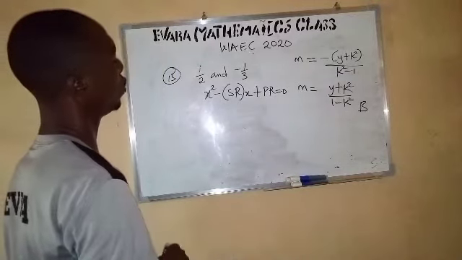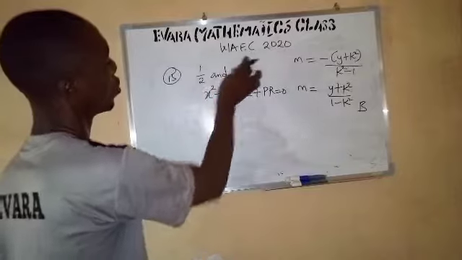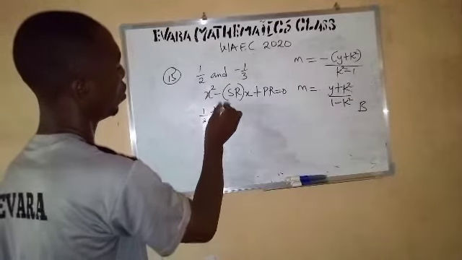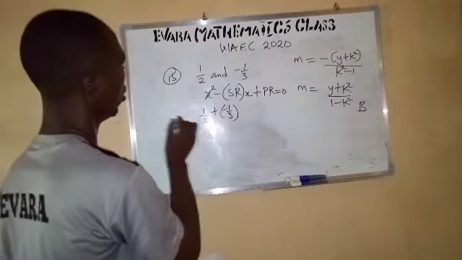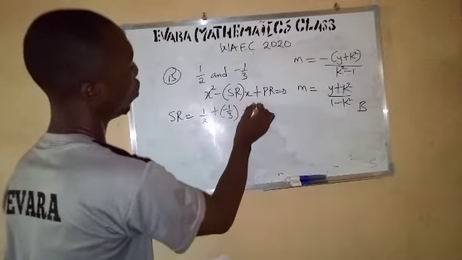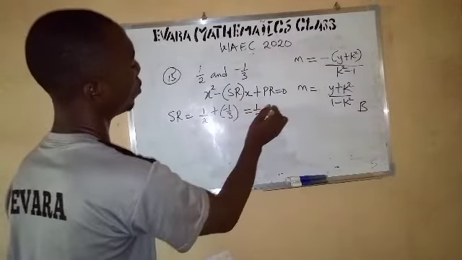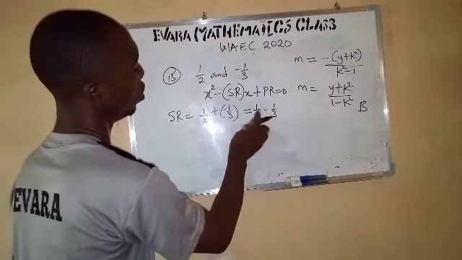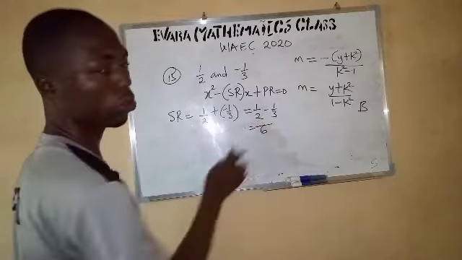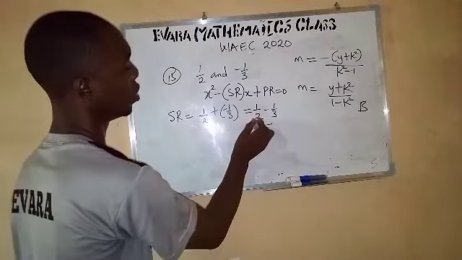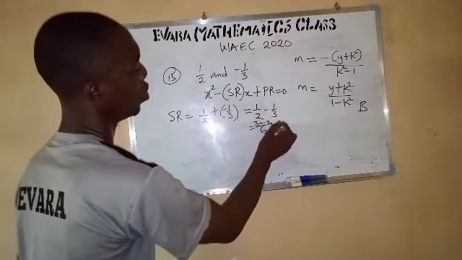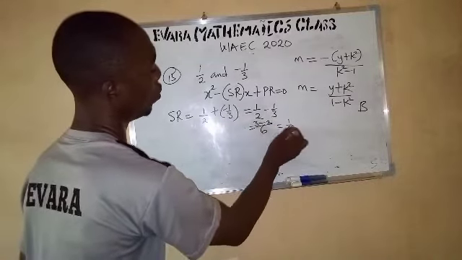So it means if you find the sum of the roots, 1 over 2 plus minus 1 over 3, that is 1 over 2 plus, and plus and minus is minus. The LCM of 2 and 3 is 6. So 2 goes in 6 3 times. 3 times 1, 3. 3 in 6, 2. 2 times 1, 2. So 3 minus 2 is 1 over 6.